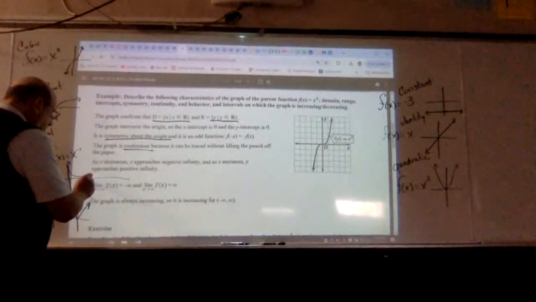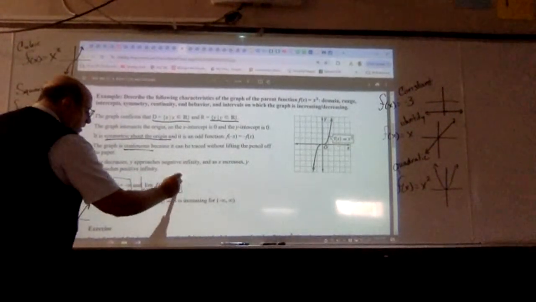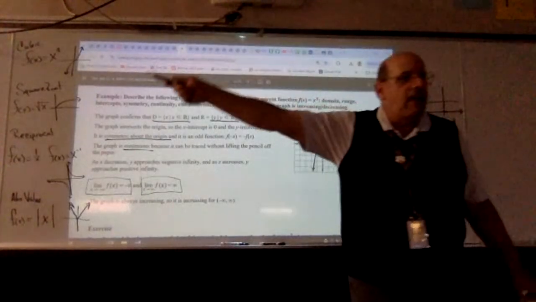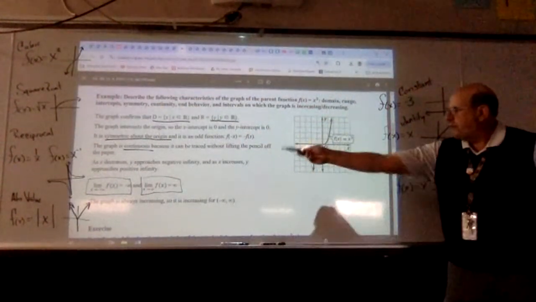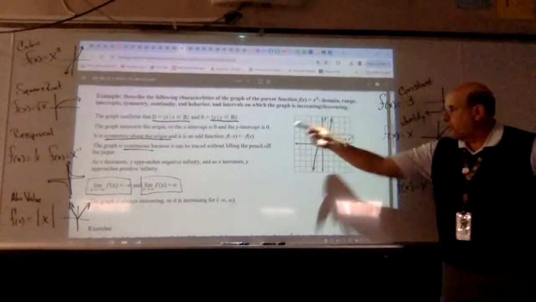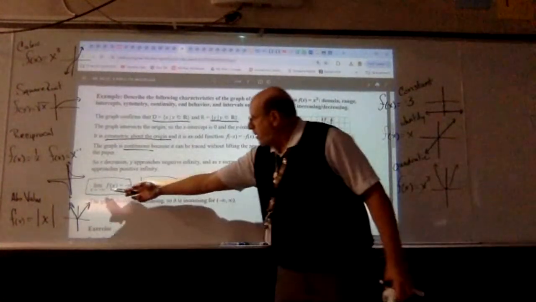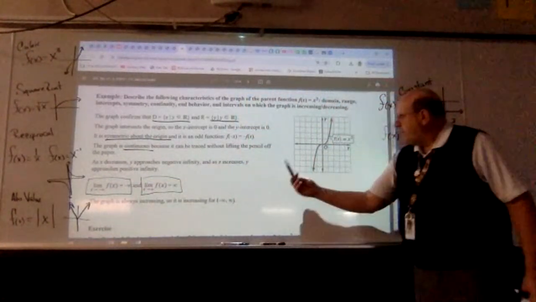But we do like this. Remember these bad boys? Our end behaviors, right? The limit of this function as x approaches negative infinity, what's happening on the graph? As we go farther and farther to your left, it's going down, right? So as we approach negative infinity, we get out negative infinity.